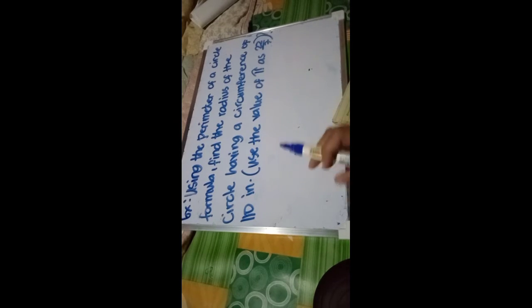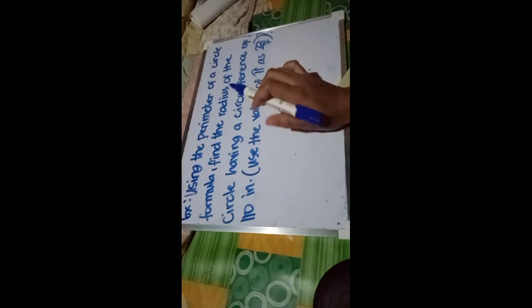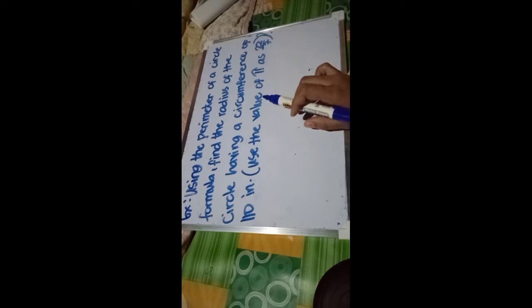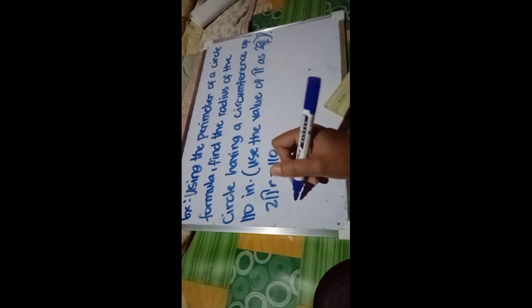The other example: using the perimeter of a circle formula, find the radius of the circle having a circumference of 110 inches. Use the value of pi as 22/7. The circumference formula is 2 pi r equals 110.